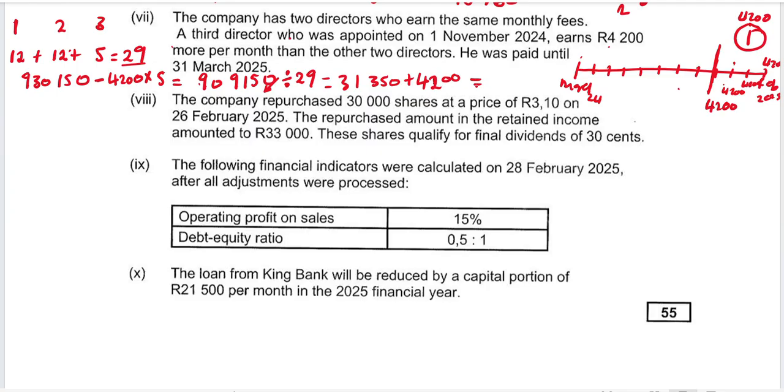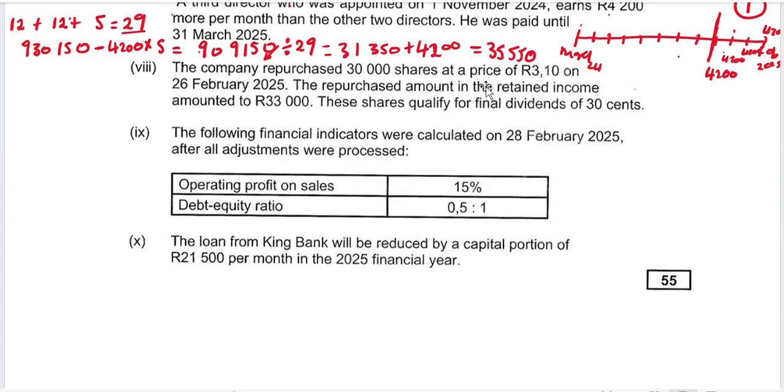This amount plus 4,200, we find 35,550. This 35,550, for 31 March, is receivable to us, because we have paid them more.